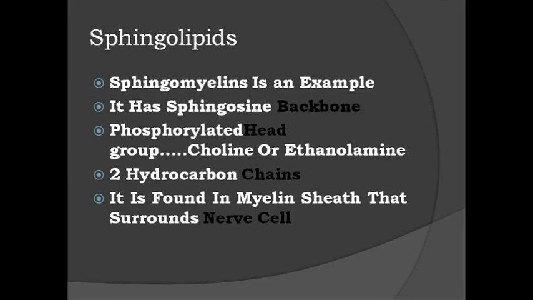The second category is sphingolipids. Sphingolipids are a common type of membrane lipids. The most common type of sphingolipid is sphingomyelin. Sphingomyelin contains sphingosine as its backbone. It has a phosphorylated head group, either choline or ethanolamine, and hydrocarbon chains.